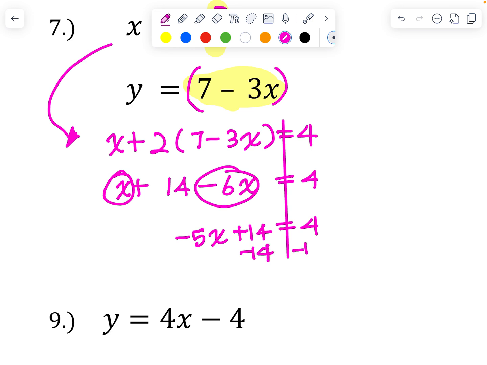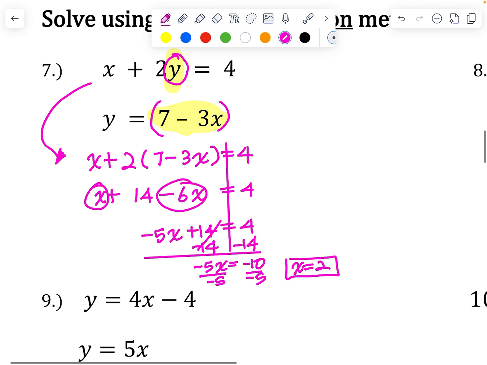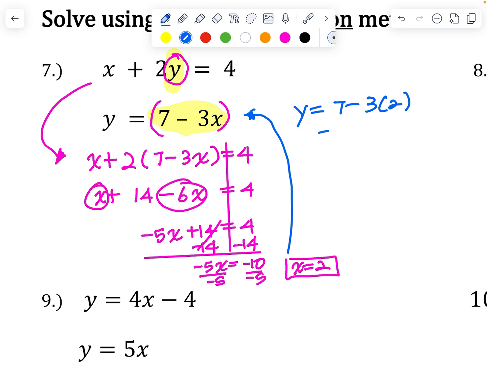Subtract 14 on both sides. So I get negative 5x equals negative 10. Divide by negative 5 on both sides. So x comes out to positive 2. So I have one answer. Now I have to look for y, using that equation. So y equals 7 minus 3x, and x is 2, so 7 minus 6, which equals 1.